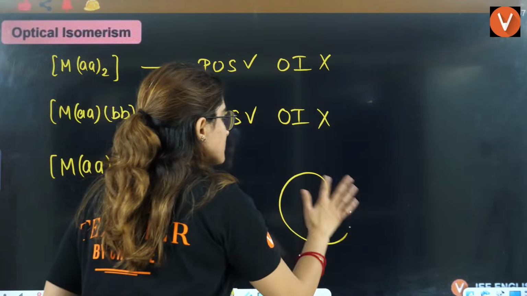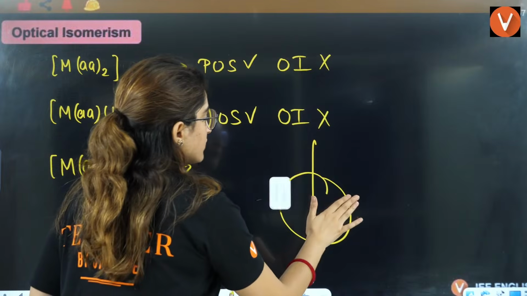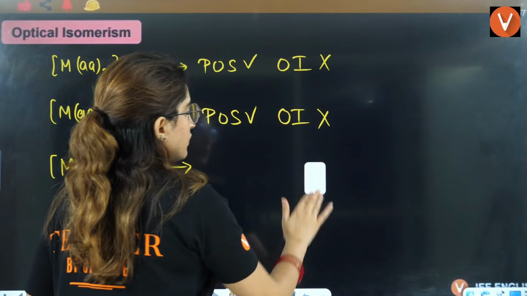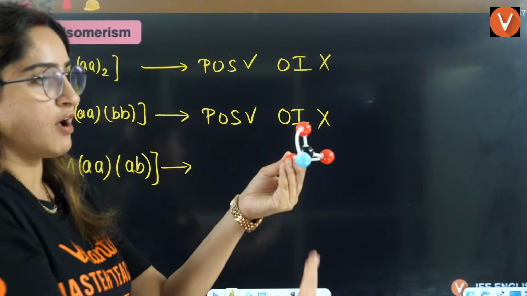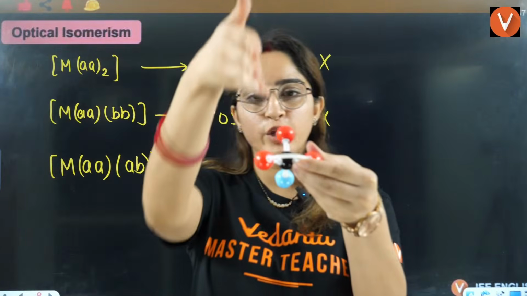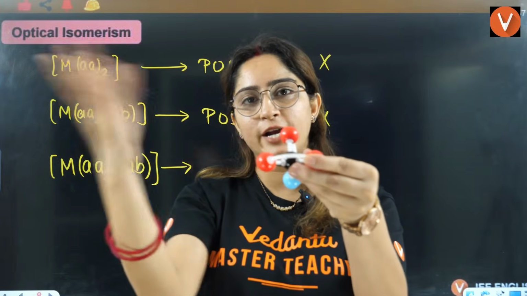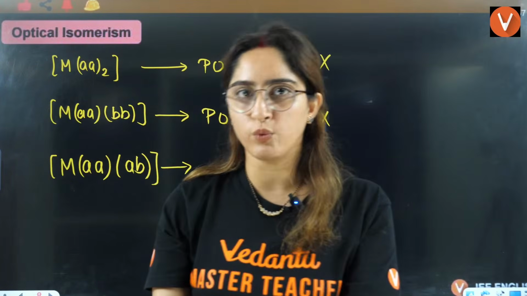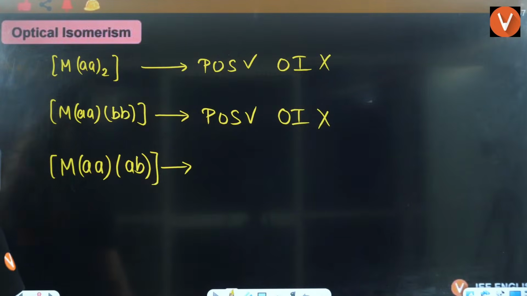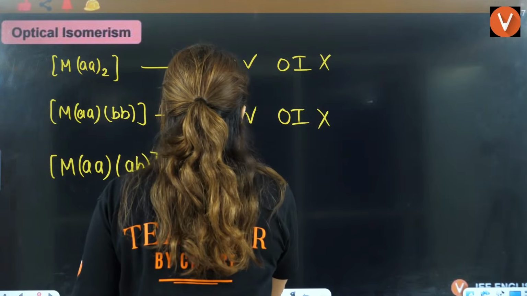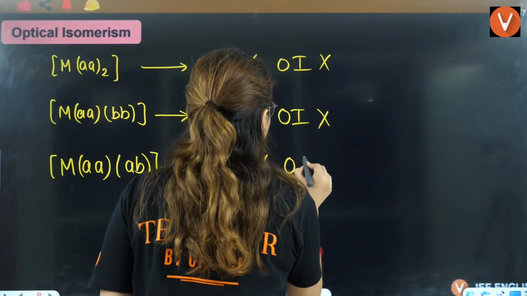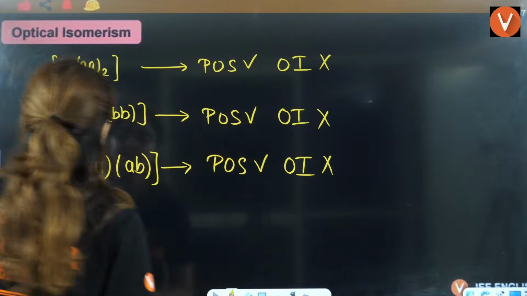Basically, I am saying that this is an atom, and you cut it into equal halves. And in the front, what you have is the same, so there will be one red part here and one red part here. So that is also equal half, right? So can I say here also POS is present? Optical isomerism does not exist.